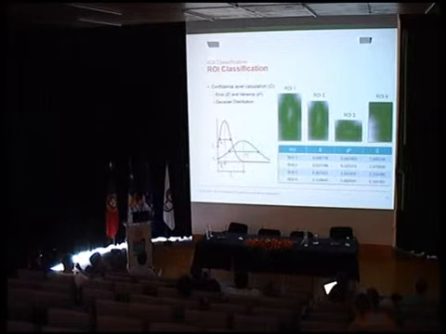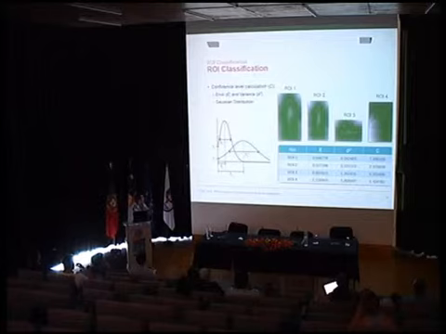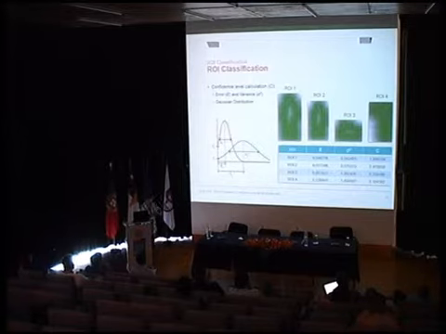As for the classification, we use a confidence level, and we calculate this confidence level by using a Gaussian distribution and using the error and the variance of this error. As you can see here, the first two regions of interest are from people. I'm confirming that.